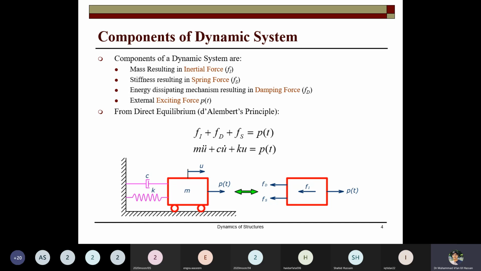So the external exciting force is resisted by the three components: the inertial, the damping and the stiffness components. You know that the inertia force Fi is due to the mass.